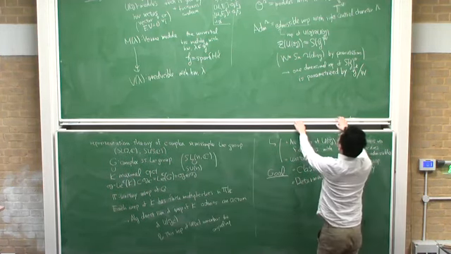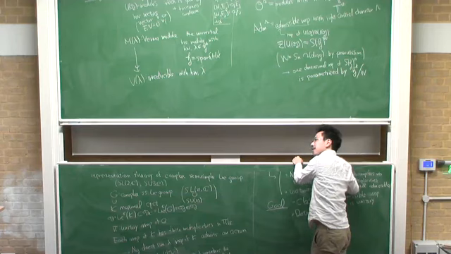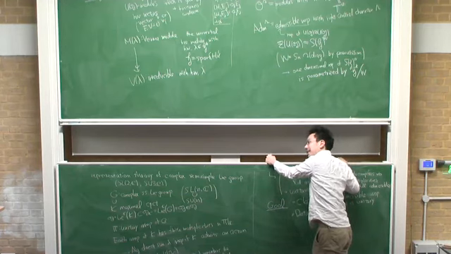Of course, if you have an admissible irreducible representation and you restrict to the center, then the center needs to act as a scalar.